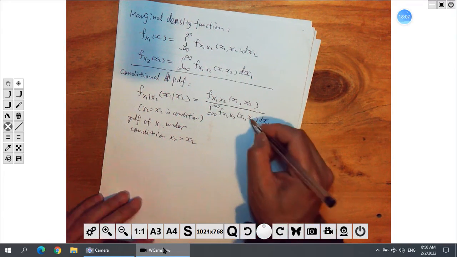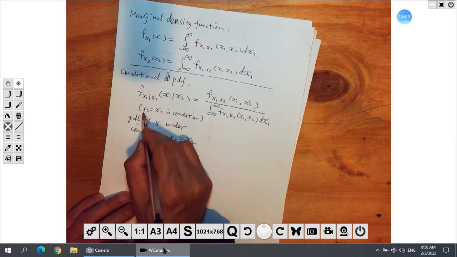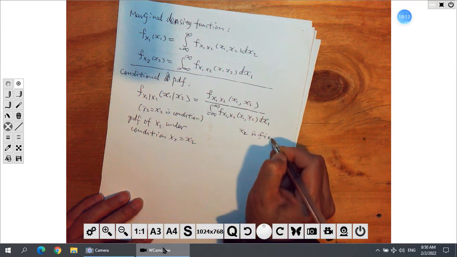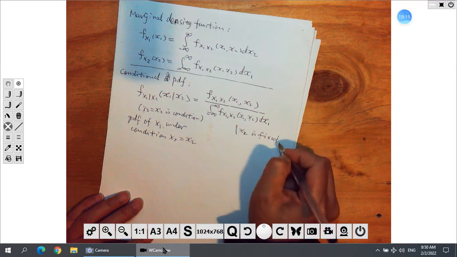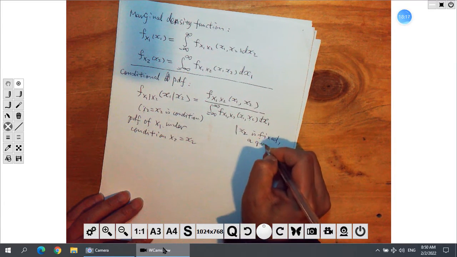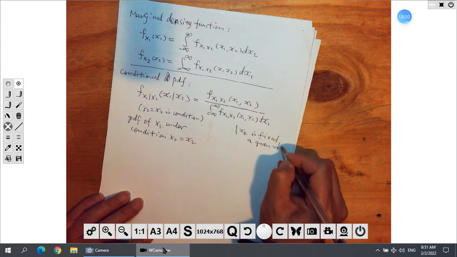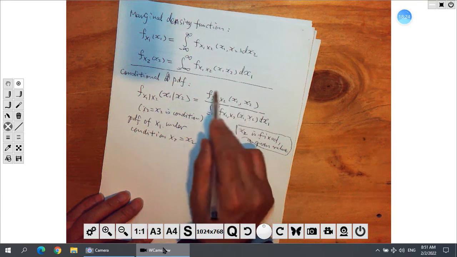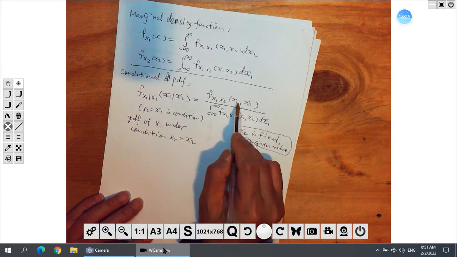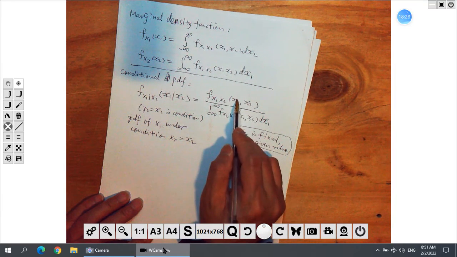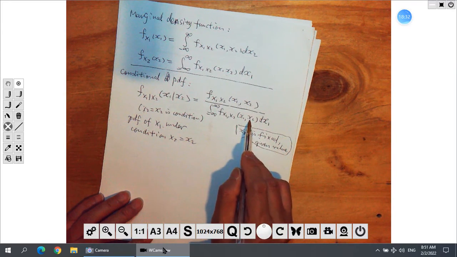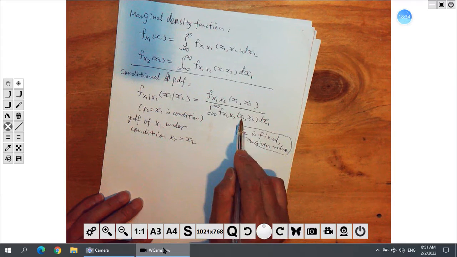So here x2 is fixed as a condition. X2 is fixed, a given number, a given value. In the numerator, you have x2 fixed, and x1 is a variable you can change. In the denominator, x2 is fixed, and x1 is used in the integral.